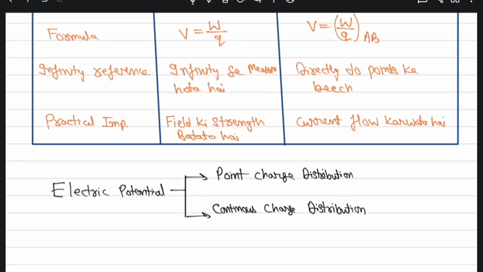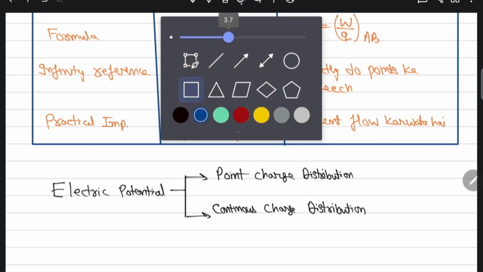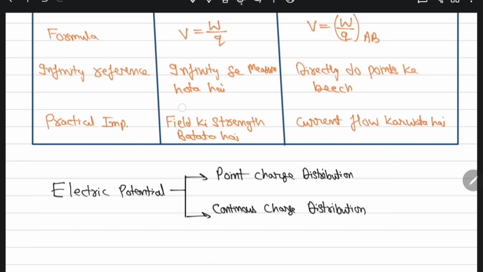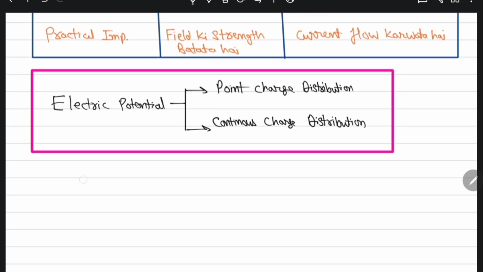So we can find electric potential due to point charge distribution and due to continuous charge distribution.